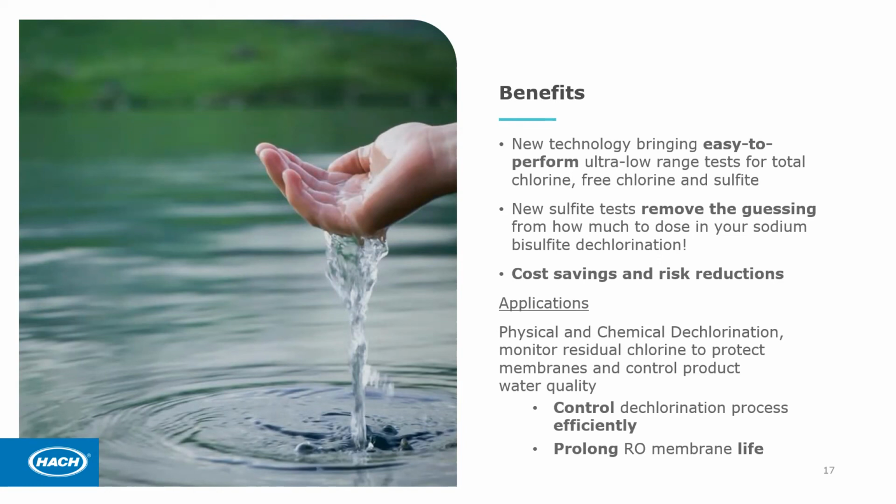We have a number in development right now, but it's a little too early to say we're developing them, only because I'd hate to make promises we can't keep yet. But that is one of the exciting things about Hach diving into a new form of technology, is that we're really curious to see where else we could take this and either produce greener tests or tests that are better for you in applications you need them in.